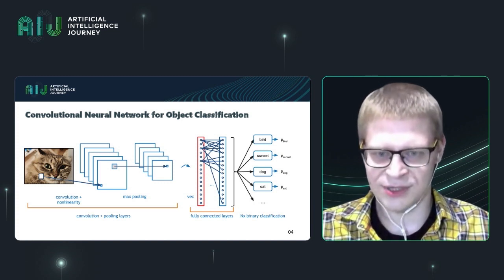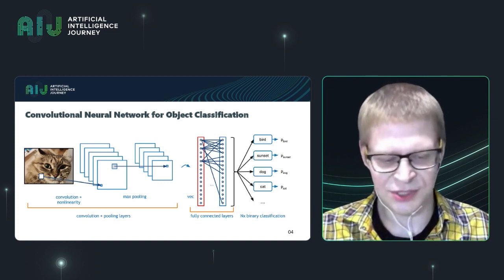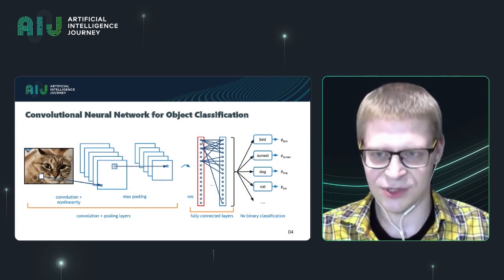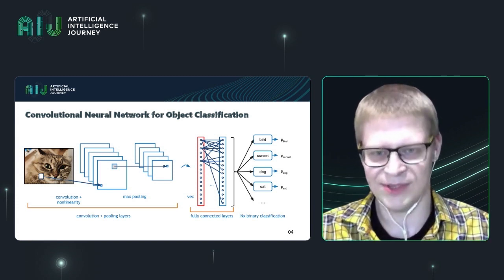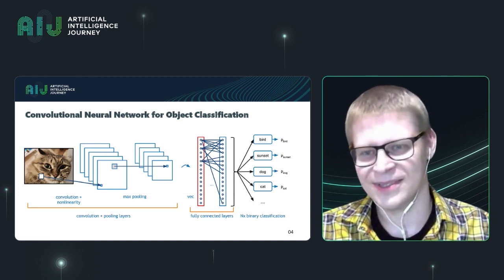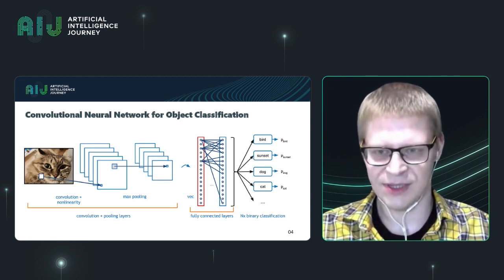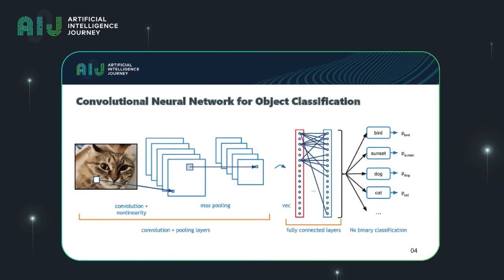In computer vision today, they very often use deep learning and convolutional neural networks. Look at the slide. We have the image, and using convolution operations non-linearly, we are building from pixels.